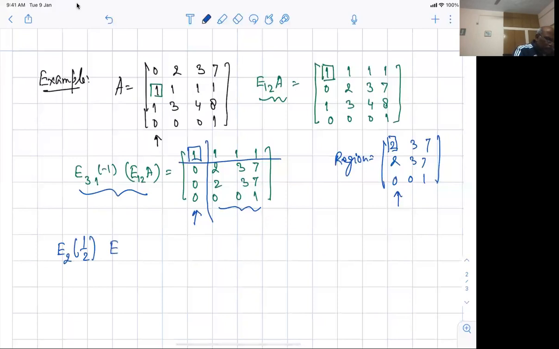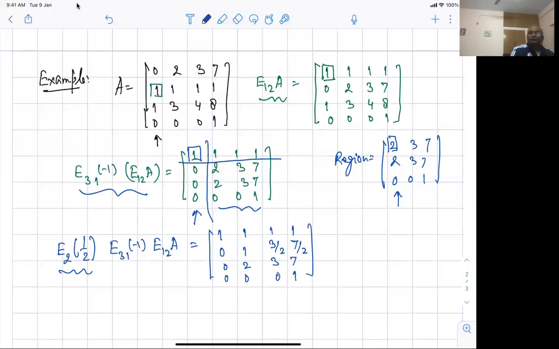So I've got E31 of -1, E12 of A. Here the second row is being multiplied by half. The first row will remain as it is: 0, 1, 3 by 2, 7 by 2, then 0, 2, 3, 7, and 0, 0, 0, 1. This is what I will get.